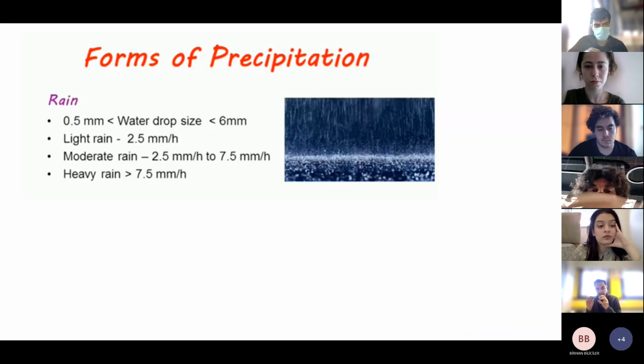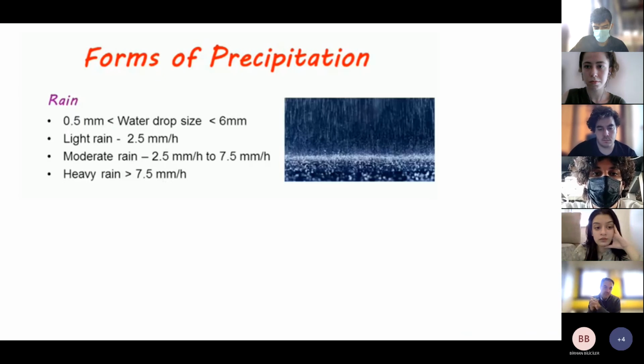Therefore, the main difference between rain and drizzle, both liquid, is the diameter of the droplets or raindrops. If the water drop is bigger than 0.5 millimeter, it is called rain. If the water drop is less than 0.5 millimeter in diameter, it is called drizzle.